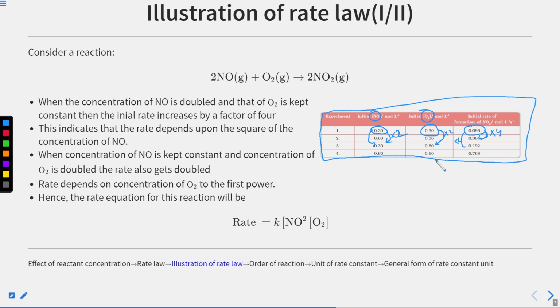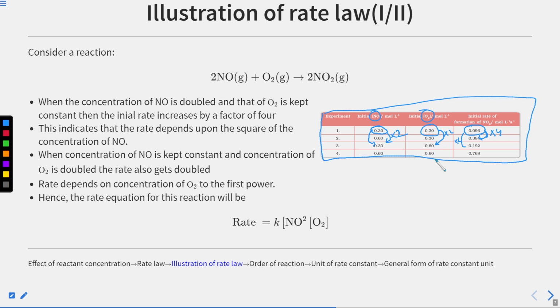So what I want to say here is that if we are doubling the NO concentration by 2, we are getting the rate of reaction increased by a factor of 4 times. And if we are doubling the concentration of this O2, we are just doubling the rate of reaction. So the rate of reaction is dependent on the square of the concentration of NO. Similarly, O2 is raised to the power 1, meaning the rate depends on the concentration of O2 raised to the power 1.